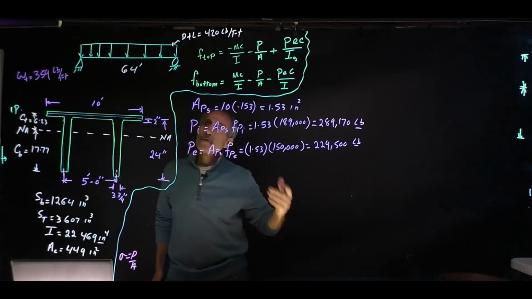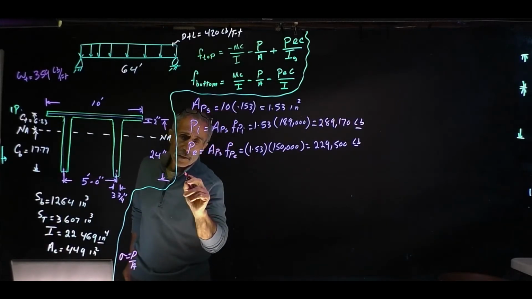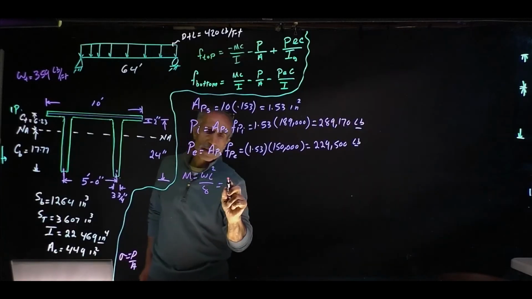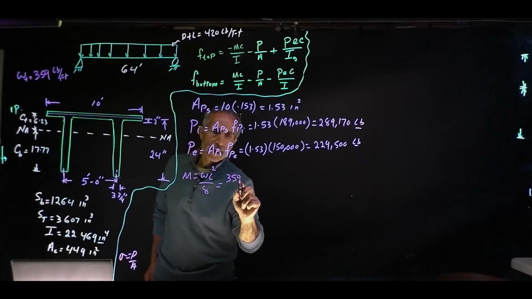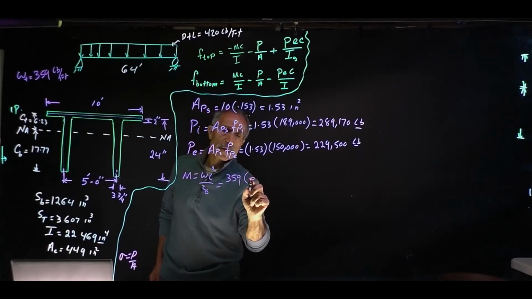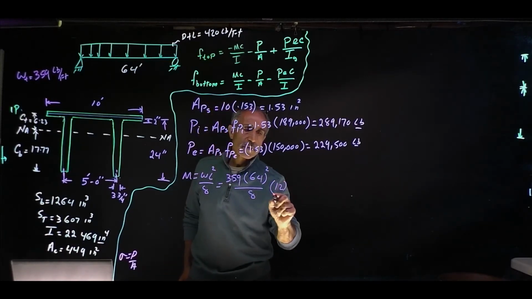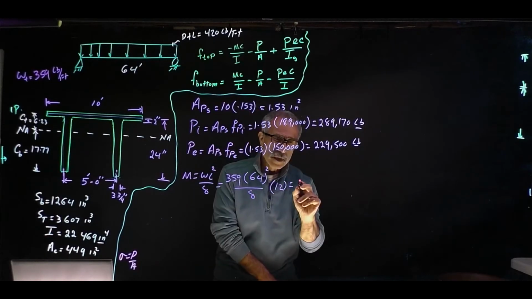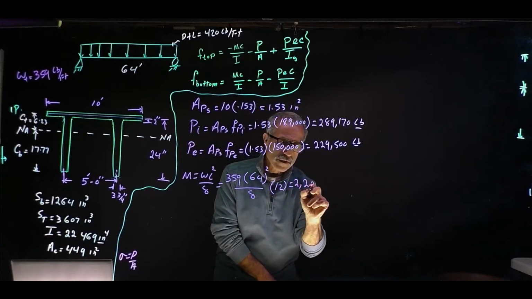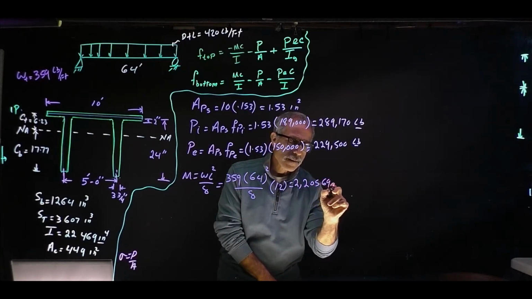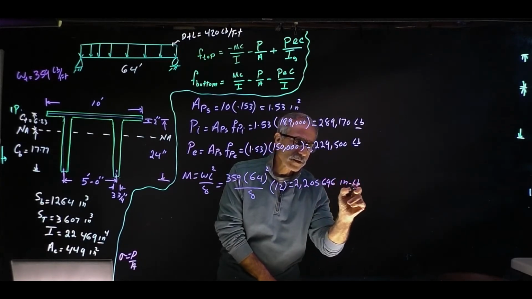For a uniformly distributed load, bending moment is WL squared divided by 8, which is equal to 359 times 64 squared, divided by 8. Let's multiply by 12 to make it inch-pounds. It comes out to 2,205,696 inch-pounds.